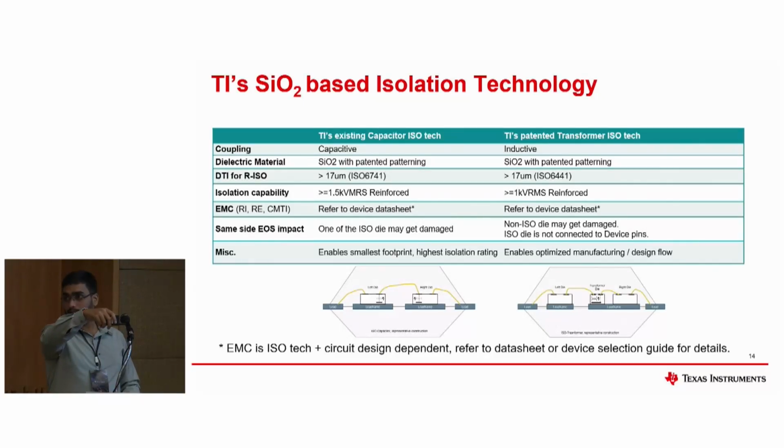I see. But why is the ISO capacity lower than the previous one? The existing one is 1.5 kV, but the new one is a limitation of the way the transformer is designed by our process technology team right now.